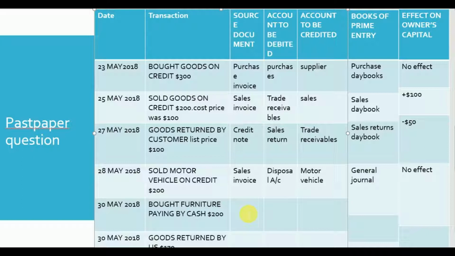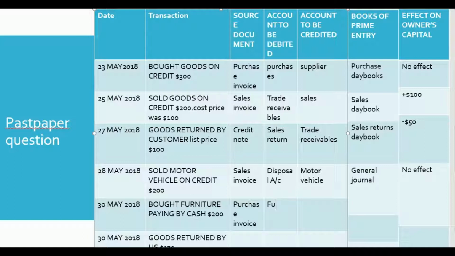The second last transaction is bought furniture paying by cash. Whenever we are buying furniture, we will record it in general journal if we are buying it on credit, but here it is saying bought furniture paying by cash. So whenever we are buying anything, we would say that the source document is always the purchase invoice which was made on that particular date. Okay, account to be debited, something which is coming into the business is furniture.